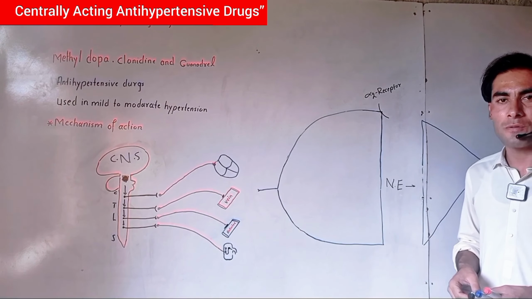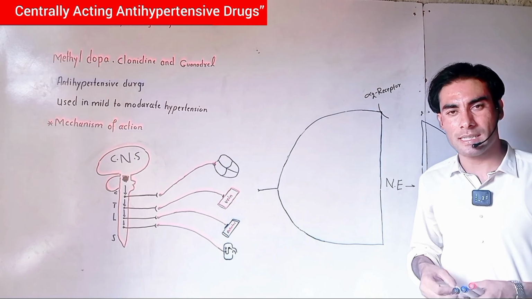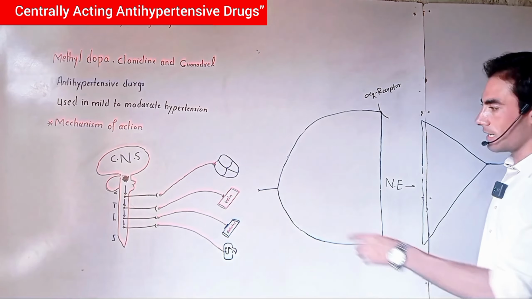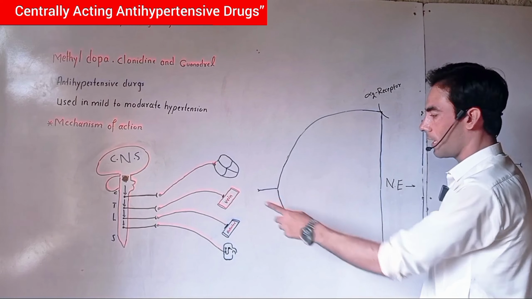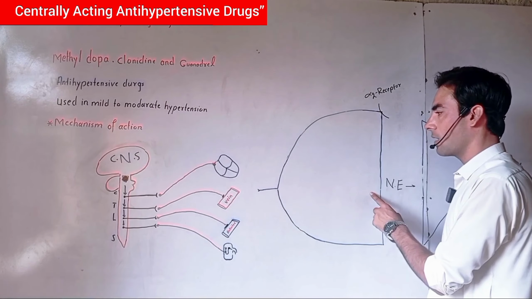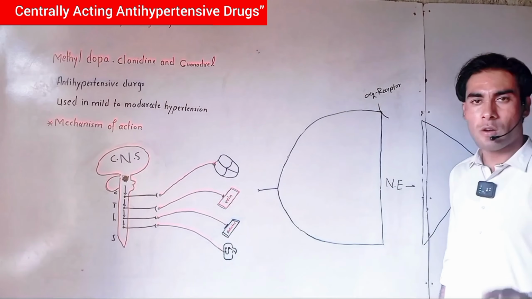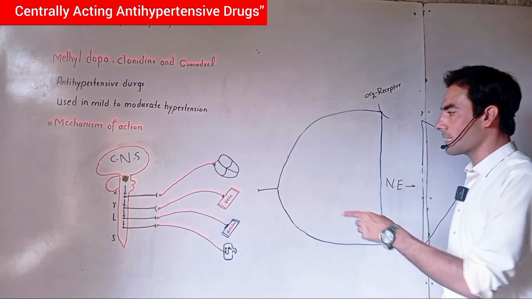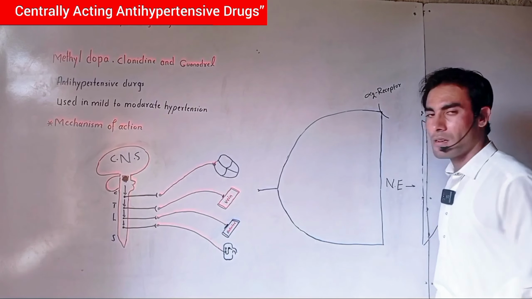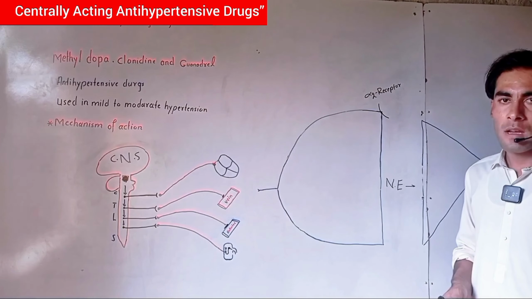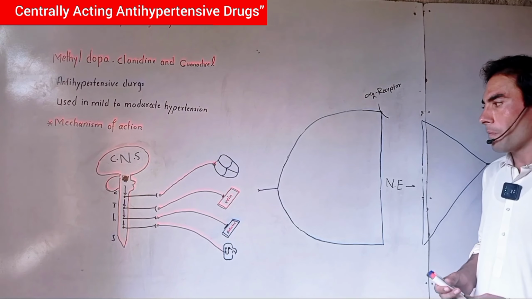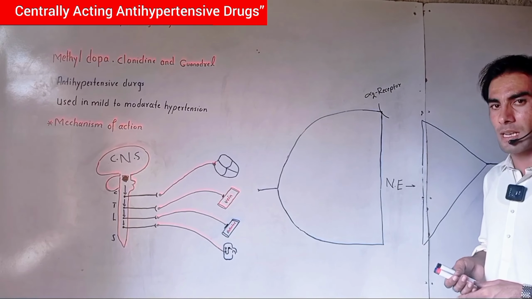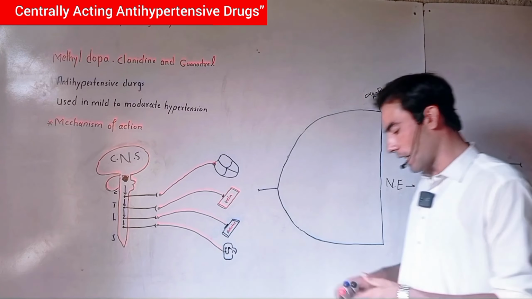But how is this norepinephrine synthesized, stored, and released? Is it synthesized in the cell body of the neuron and then transported here, or synthesized within the nerve ending? Actually, it is synthesized locally within the nerve ending. So let's see the mechanism of how this norepinephrine is synthesized. So listen carefully.